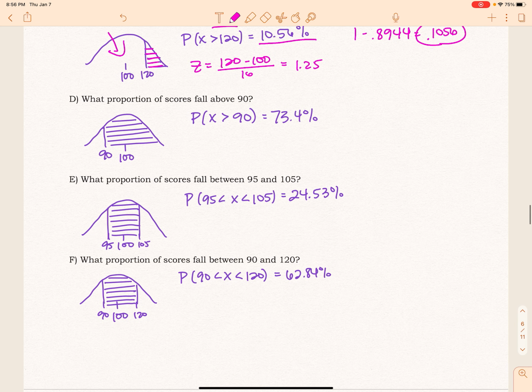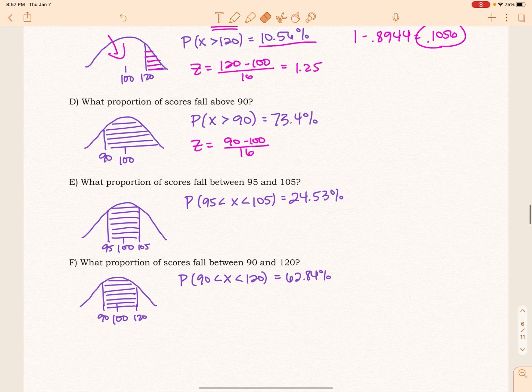All right, let's do it again. Let's do part D. Z-score, 90 minus 100 over 16 gives me negative 0.625. So I'm going to just round that to negative 0.63.